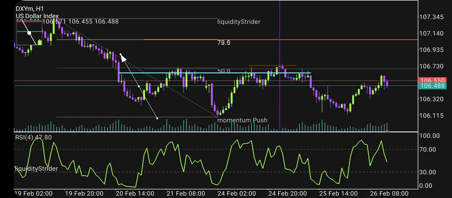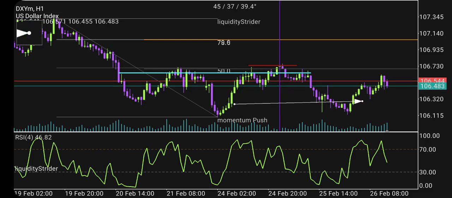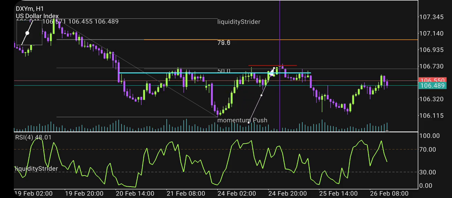I'm talking about an area somewhere here because there can be fair value gaps here. The market actually retests the fair value gaps before going down, guys. So as I was saying, I expect the market to break this liquidity line and retest there.